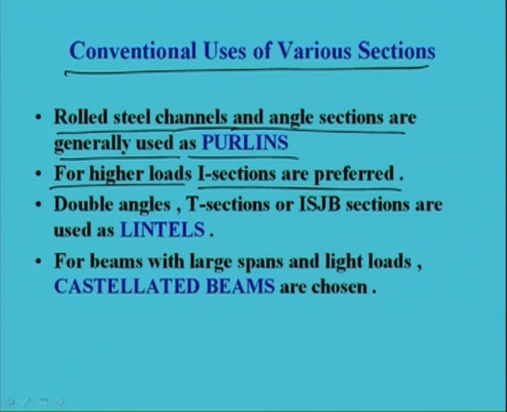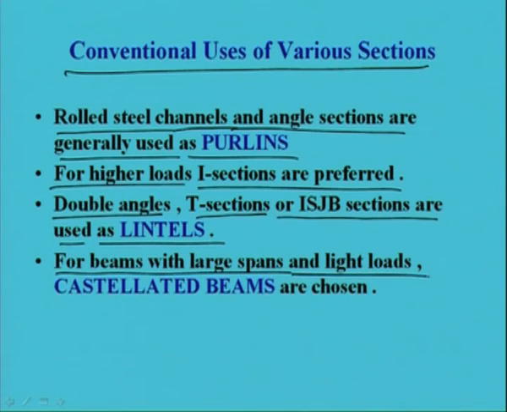Double angles, T sections or ISJB sections are used as lintels. For beams with large span and light load, castellated beams are generally chosen. So, these are some conventional uses of various sections which we should remember.